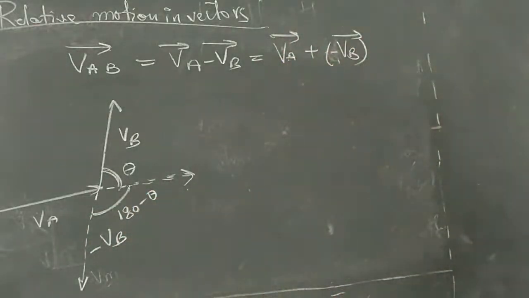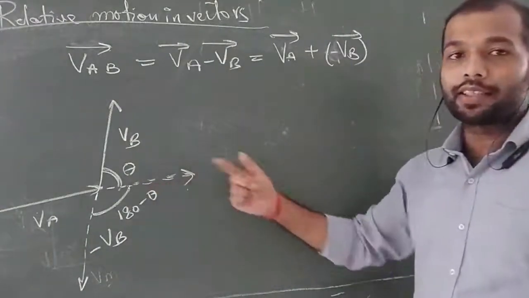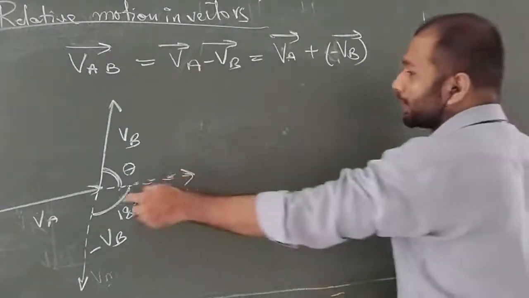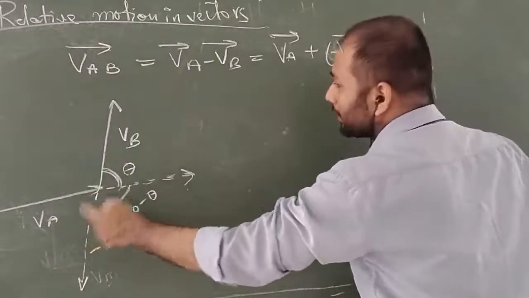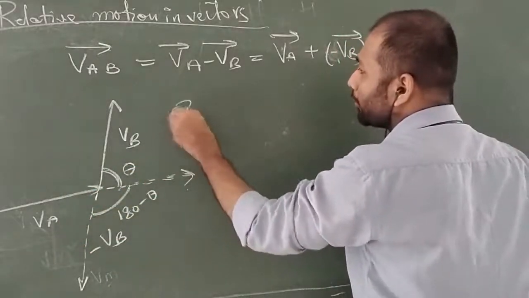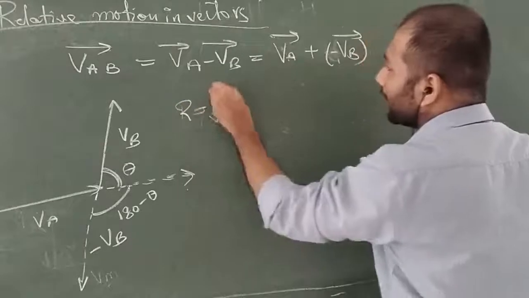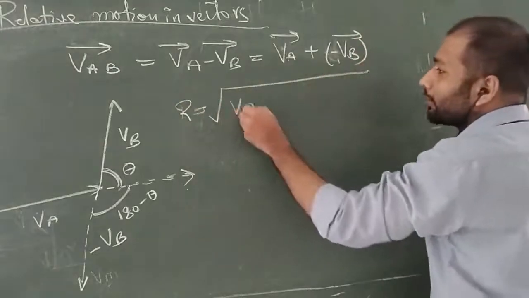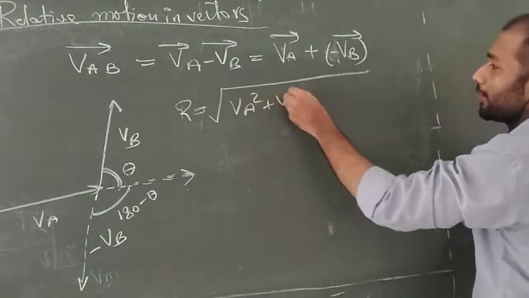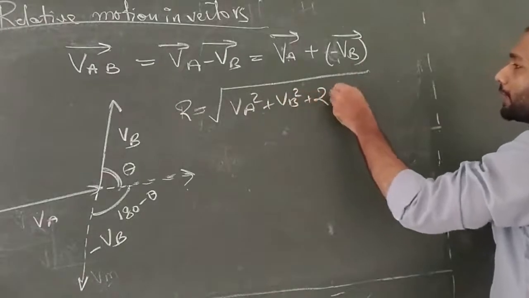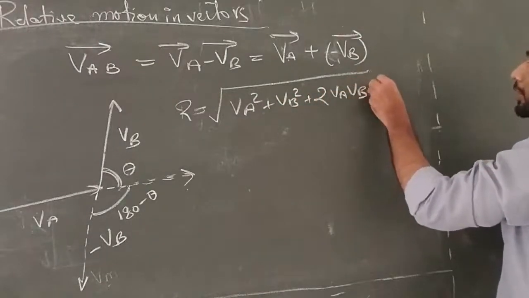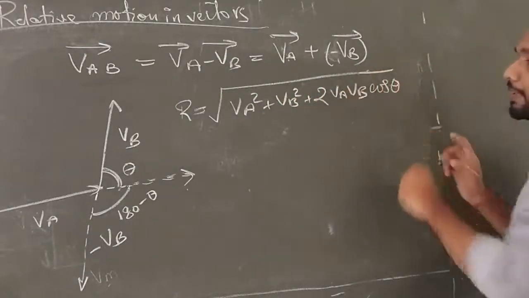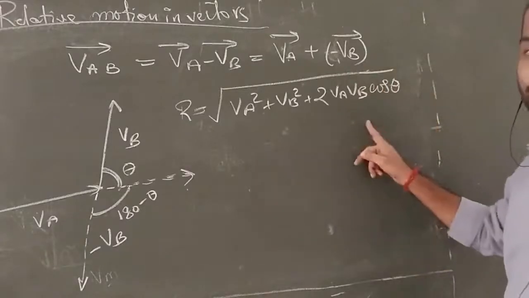Now let us write the analytical formula for the resultant and see what is happening. First I will write VA and VB. The resultant formula is the square root of VA square plus VB square plus 2 VA VB cos theta, where theta is the relative angle between both vectors.